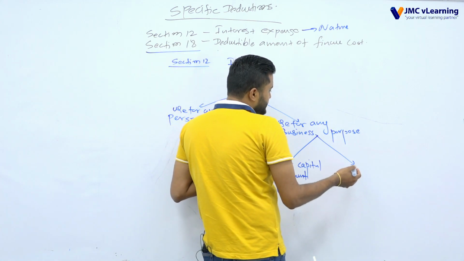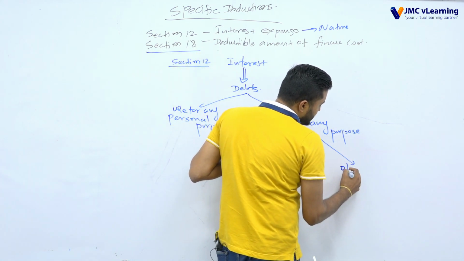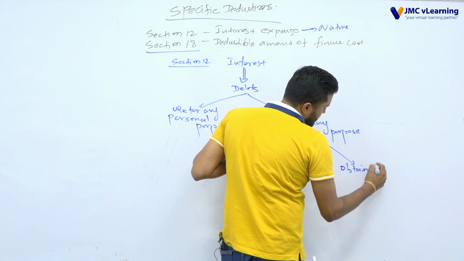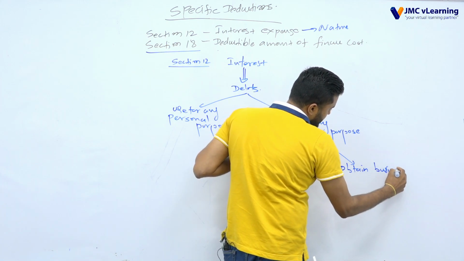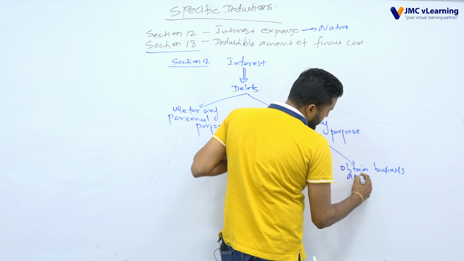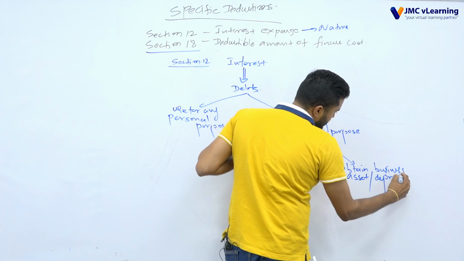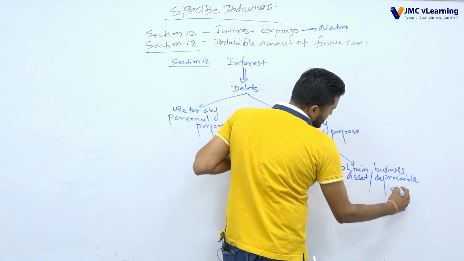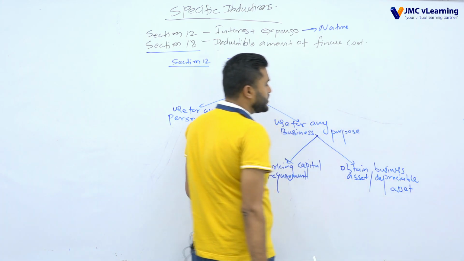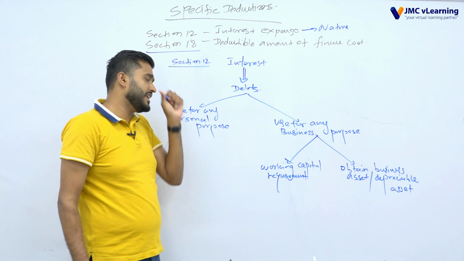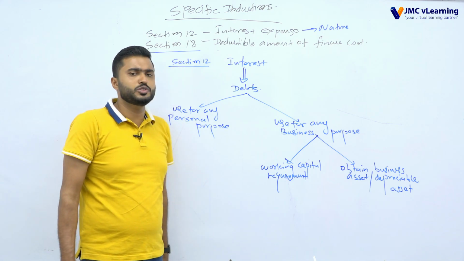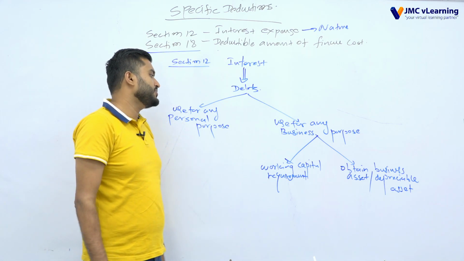The other is to obtain a business asset or depreciable asset, an asset obtained under any kind of debt or lease for the purpose of use in the business.